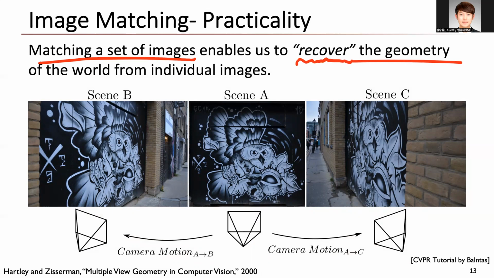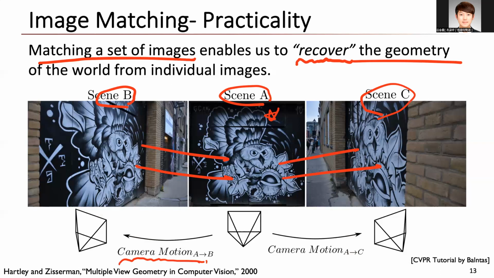So here's an example. Given the same scene, if we take this scene with 3 different cameras or under 3 different viewpoints, maybe we can achieve scene A, scene B, and scene C. Matching scene A and B, and matching scene A and C, then we can recover the camera motion from A to B and A to C. So that's why this kind of technique can be used to reconstruct your 3D model or 3D geometry.